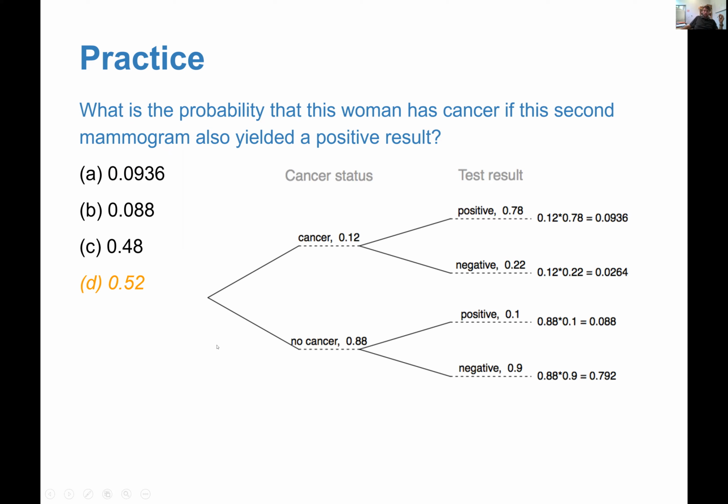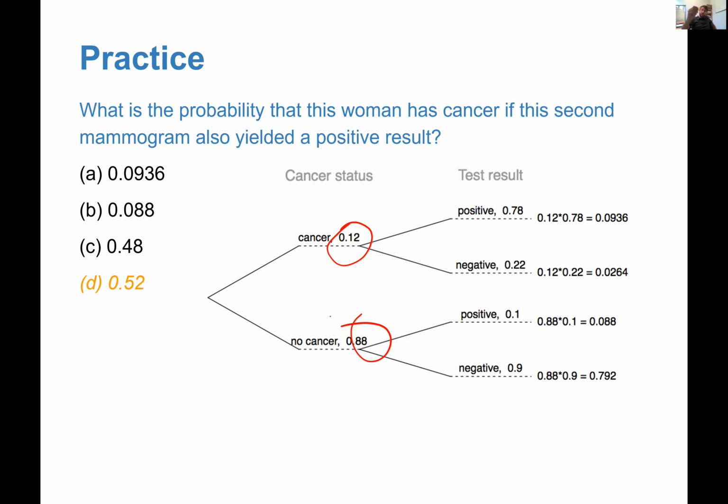And the reasoning is that you do the same tree diagram as last time, but you change the probability that that woman has cancer. Before, that number was based on the total proportion of women who have cancer. But now she's already had one test, and we figured out that the probability she has cancer is now 12%.